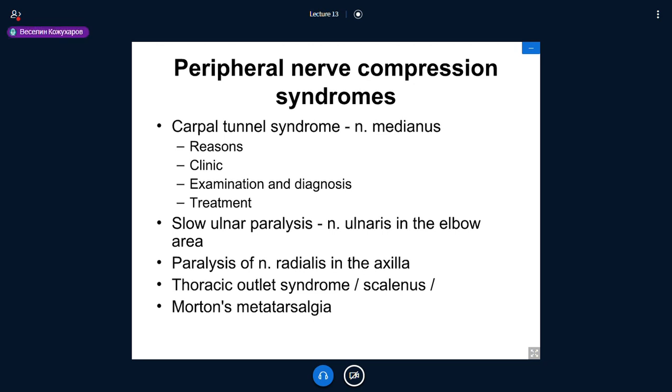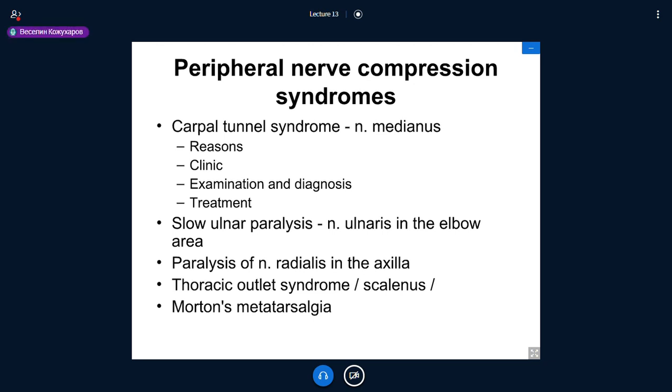As you know, the autonomous zone of the median nerve is the sensation of the pulp of the index finger. We have to check the sensation of the tip of the index fingers in both hands, and usually in carpal tunnel syndrome there is paresthesia, anesthesia, or hypoesthesia in this area.